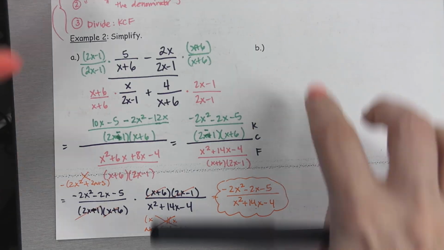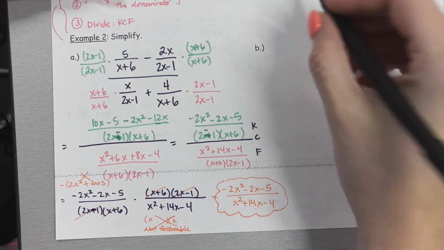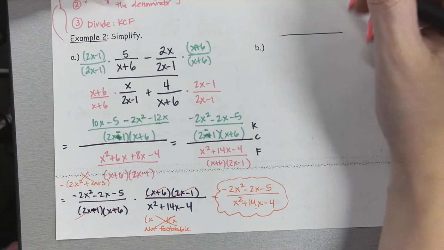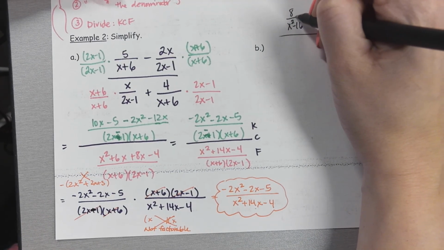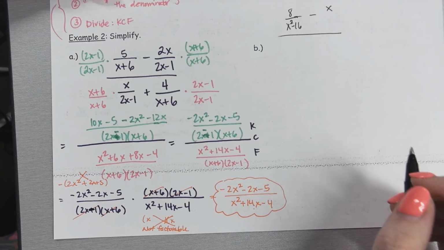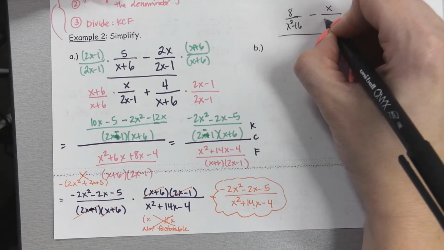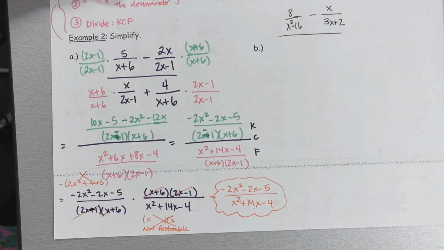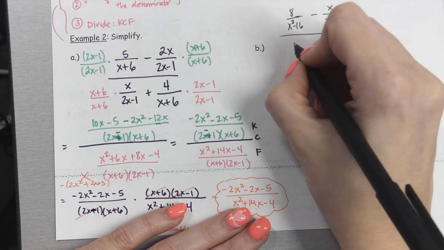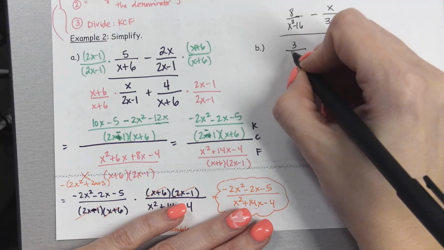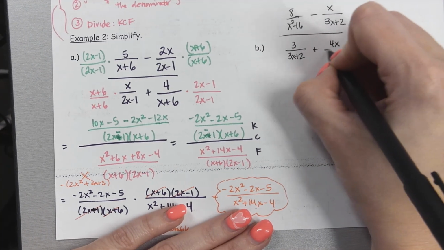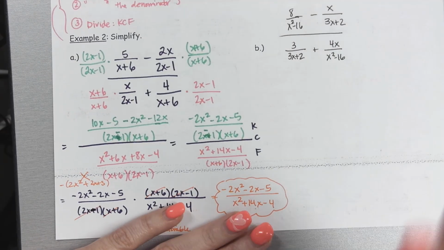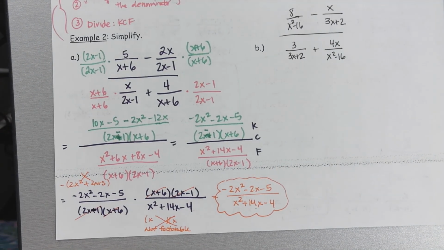Okay, and then for B, we're gonna write just half of it up here so you have some room. So you have 8 over x squared minus 16 minus x over 3x plus 2. Okay, and you have 3 over 3x plus 2 on the bottom plus 4x over x squared minus 16.